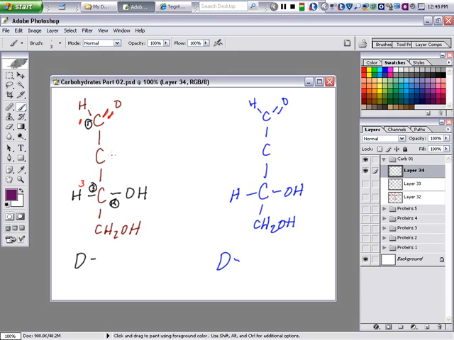If carbon number 2 has its OH on the right, we call this compound erythrose. It's a completely different carbohydrate now. That's erythrose.